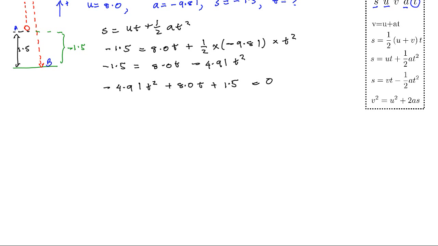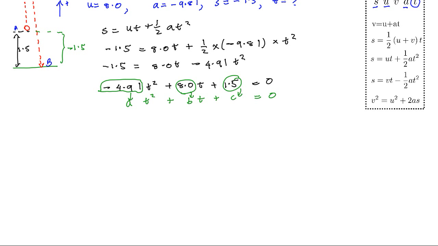So then we compare this with the general form of quadratic equation, where we have a t squared plus bt plus c is equal to 0. So a is minus 4.91, b is 8.0, and c is 1.5.